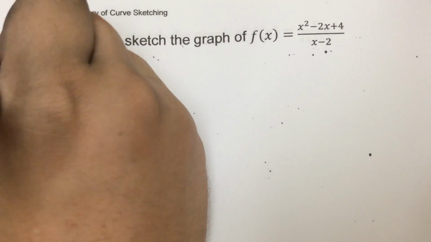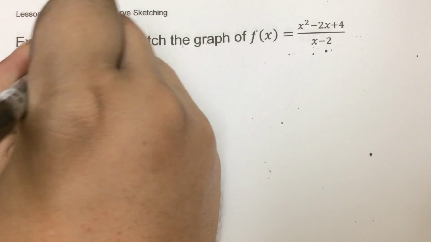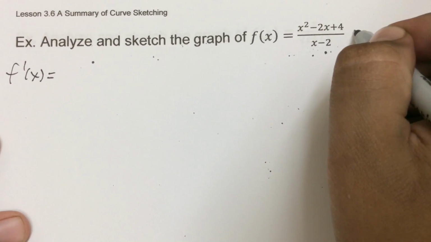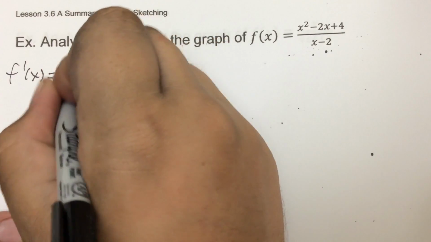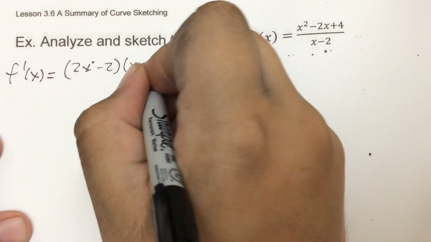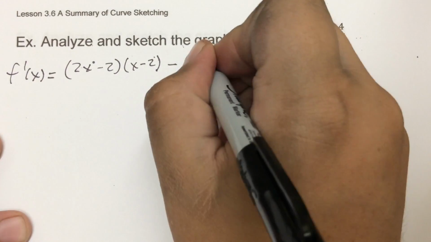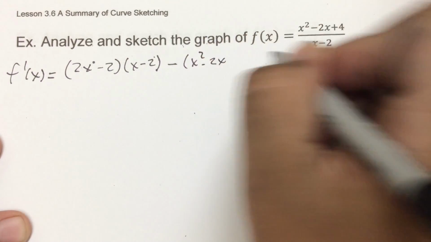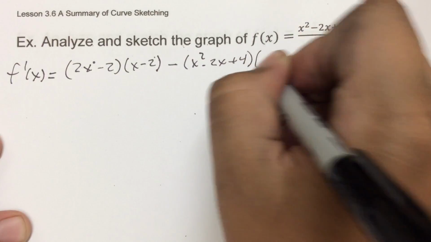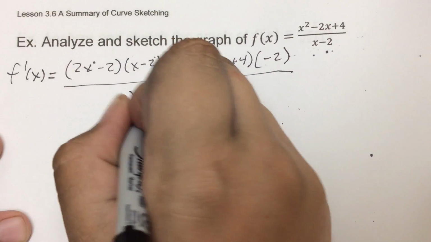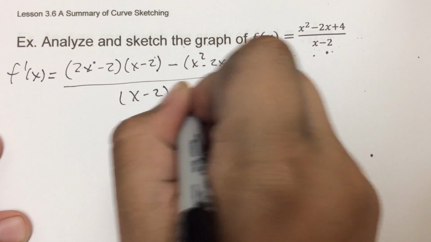So again, first derivative. The derivative of the top would go to 2x minus 2 times the bottom of x minus 2, minus the top of x squared minus 2x plus 4 times the derivative of the bottom, which was a 1, all over the bottom squared, x minus 2 squared.